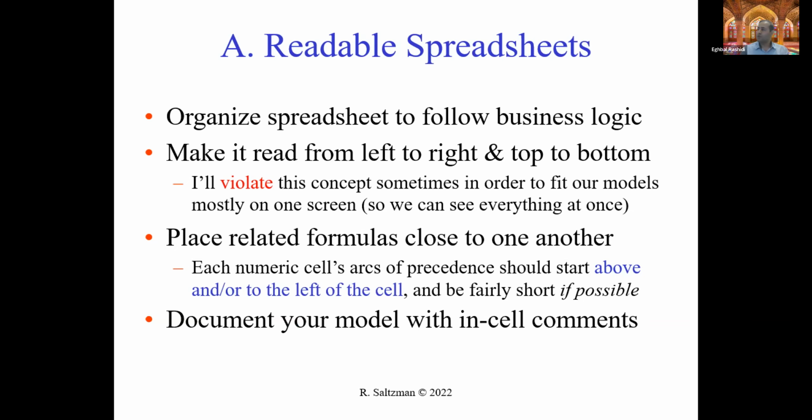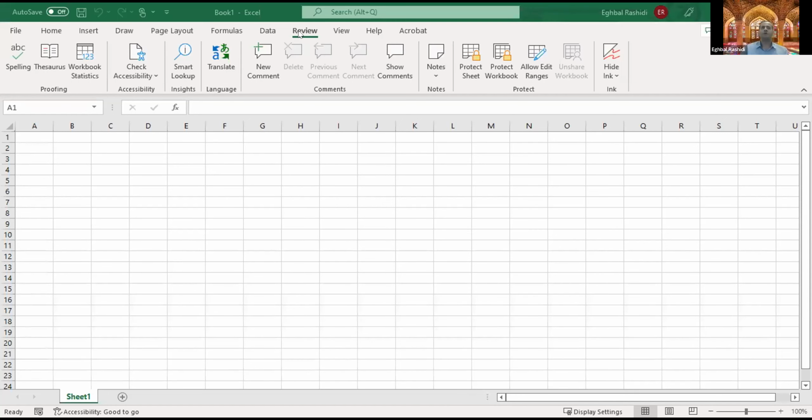Also try to document your model. You can actually use the insert commands. It's on the Review tab. Let me show you here. On the Review tab, there is the comment section and there's a new comment.